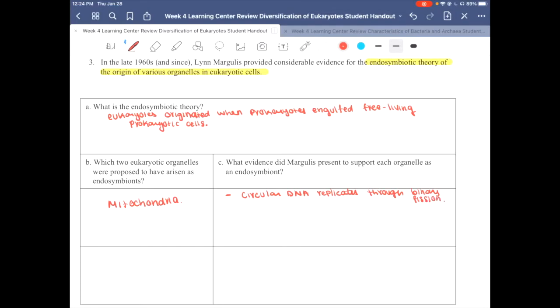Yes, another comment says they have their own ribosome. Yes, that is a great answer. And another detail about the ribosome is that they have a 70S ribosomal subunit, which eukaryotes don't. We have an 80S subunit. So it's really interesting that they have a 70S.